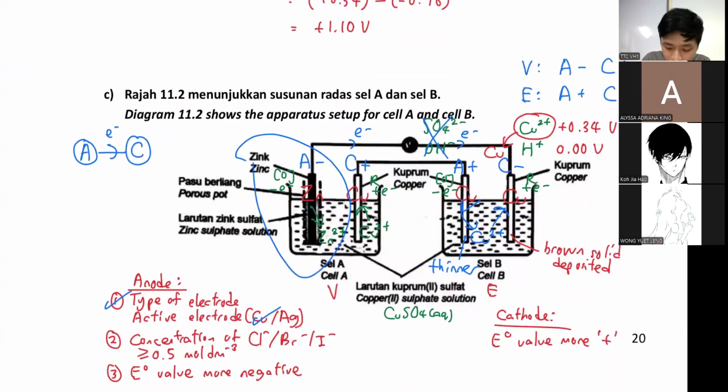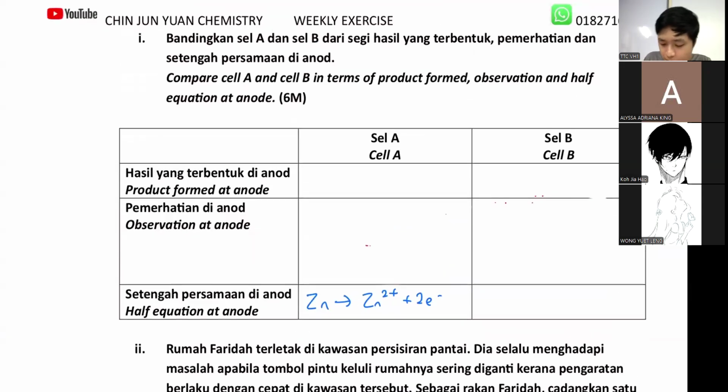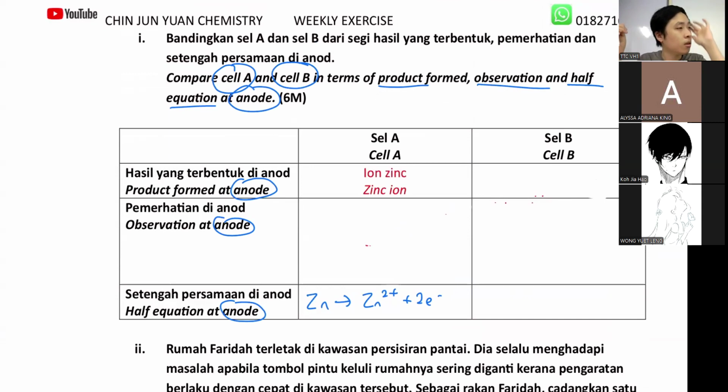Cell A is the zinc cell, so it's Zn becomes Zn2 plus, because they ask you to compare cell A and cell B at the anode only. They ask you to compare product formed, observation, half equation. So cell A is zinc ion. Cell B is Cu becomes Cu2 plus, donating two electrons, which is copper two ion produced.